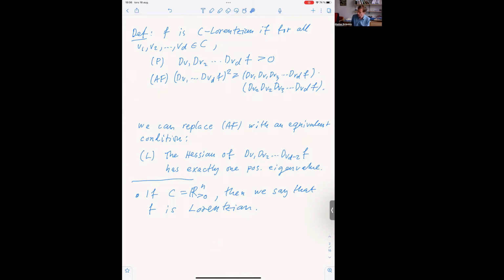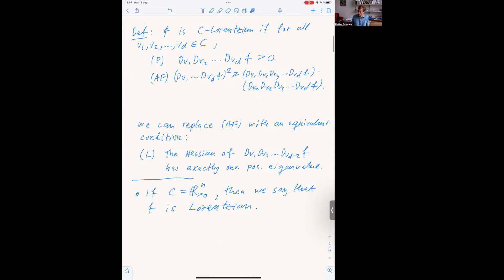We also noted that we can replace this Alexandrov-Fenchel inequality with an equivalent condition that has to do with one positive eigenvalue, namely that when we differentiate d minus 2 times with directions in the cone, then we should have exactly one positive eigenvalue of the Hessian. And then we gave a special name to the case when we're in the positive orthant: we simply say that this polynomial is Lorentzian.